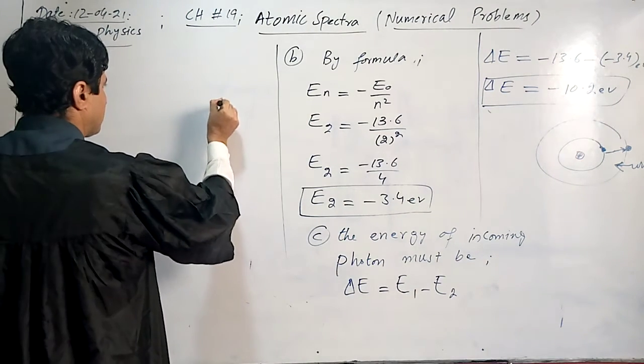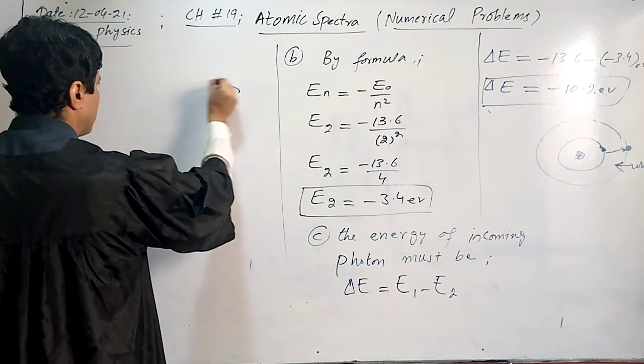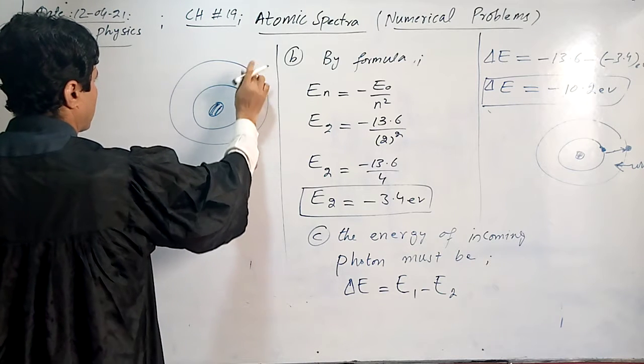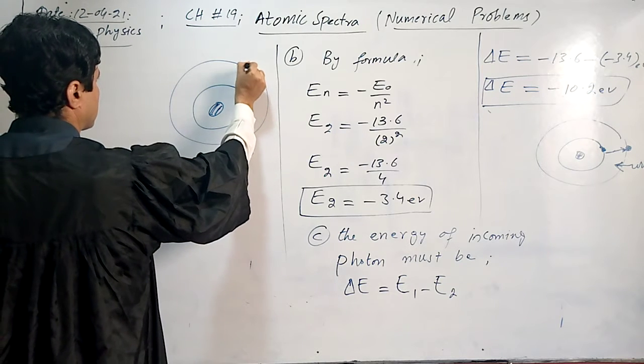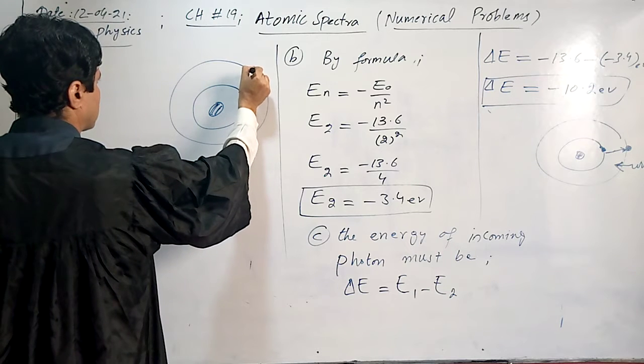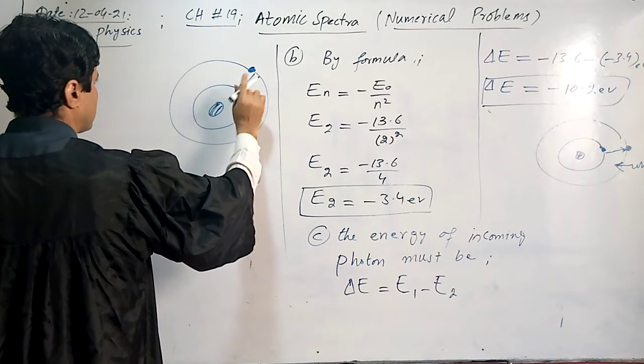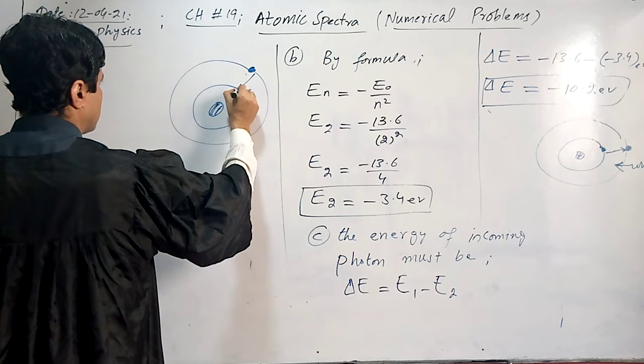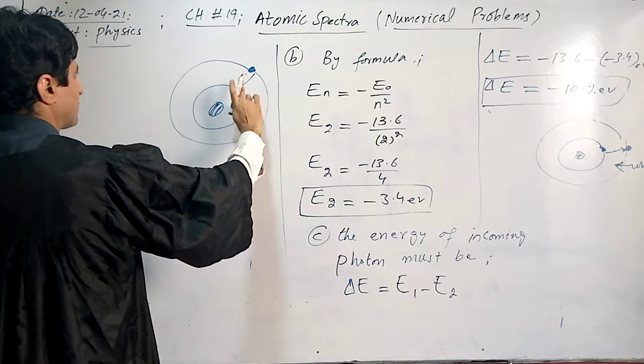Suppose this is the nucleus, first orbit, second orbit. When the electron drops from the second orbit to the first orbit, suppose this one is the electron position.